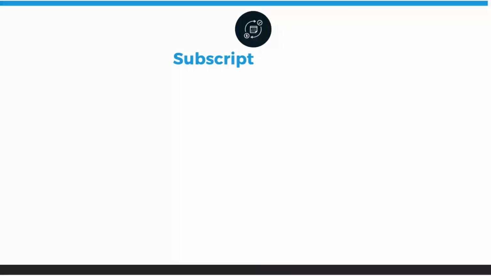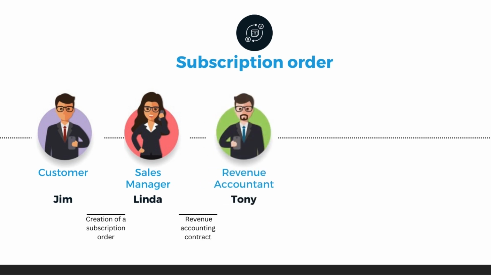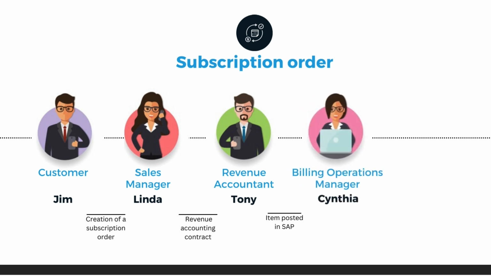The demo starts with a customer subscription order created by the sales team. Once the order gets processed, it creates a revenue accounting contract that can be reviewed by a revenue accountant. As the customer will incur charges or usage, those will be sent to SAP. The item will automatically post within SAP. This process can then be monitored by a billing manager.